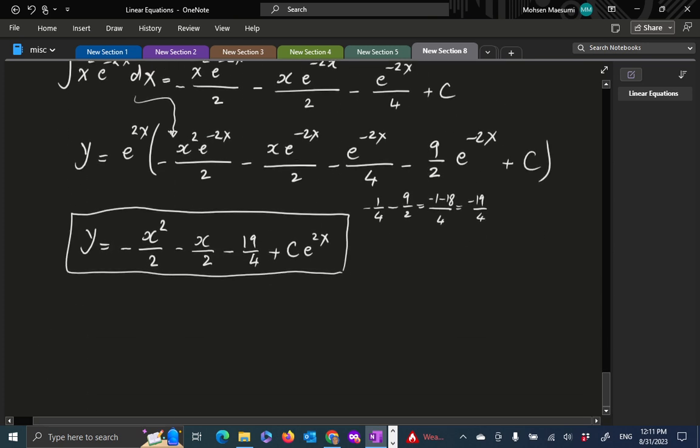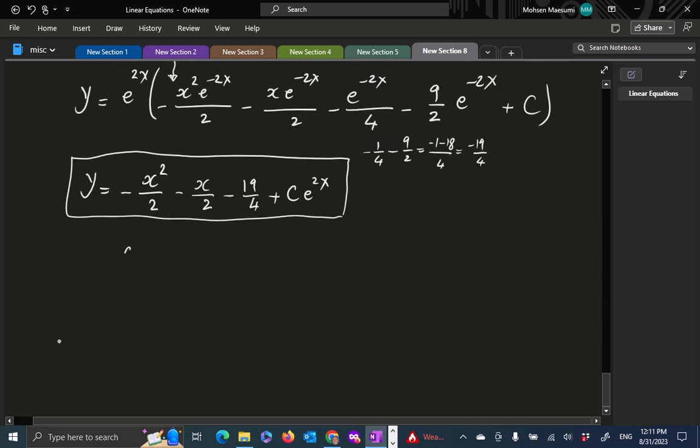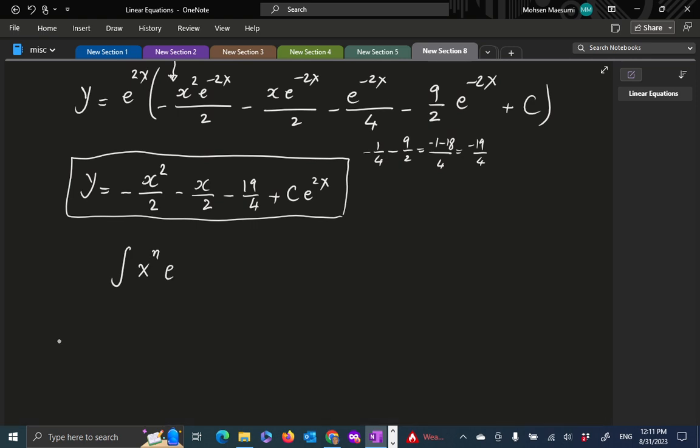The problem boils down to the following: if you see x to the power of n times exponential of, say, ax dx, what is that equal to? You are going to find that in calculus books and various lectures all over the place, and you make a table of these types of integrals for yourself so that you can perform this quickly.